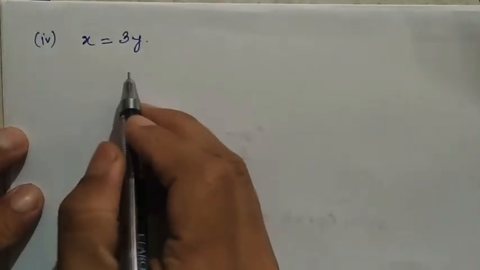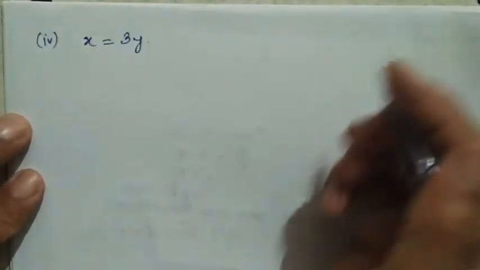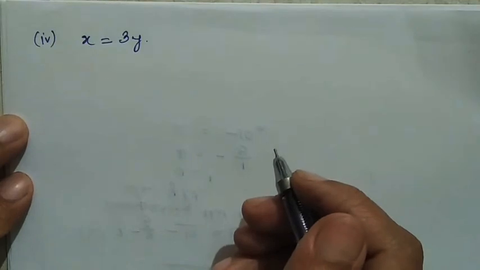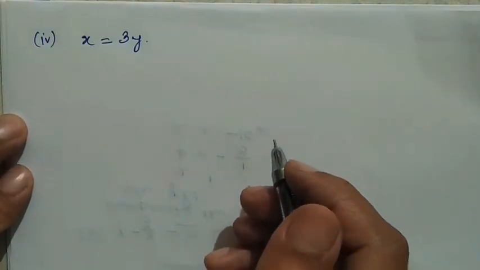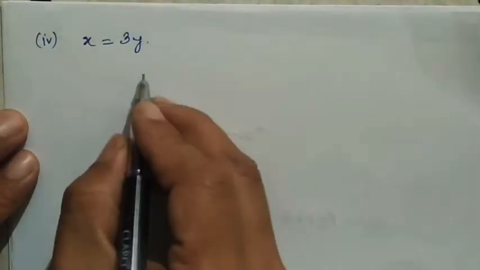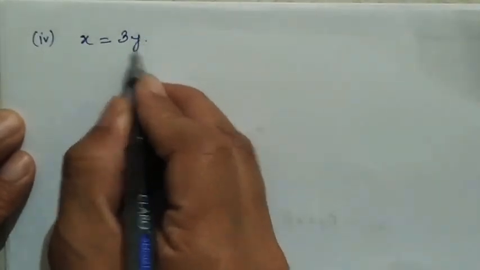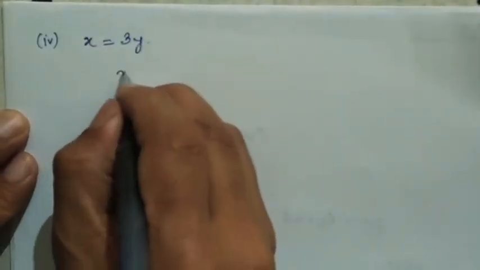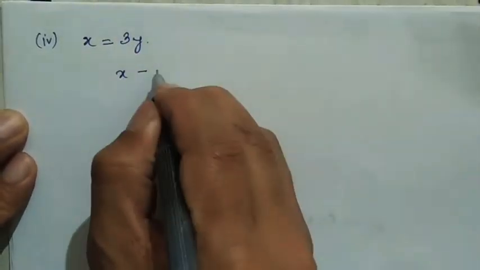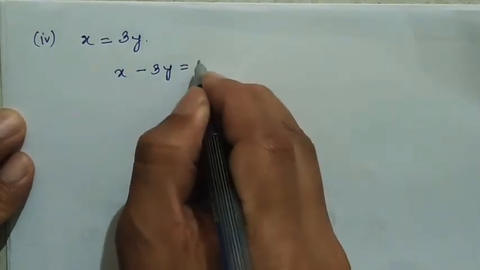Now number 4. Its sub-questions are similar type, so I'll do it this way. The right side should be 0, so if I put it, it will be x minus 3y equal to 0, since the plus sign becomes minus when moved.